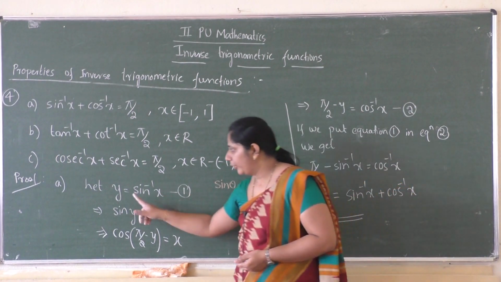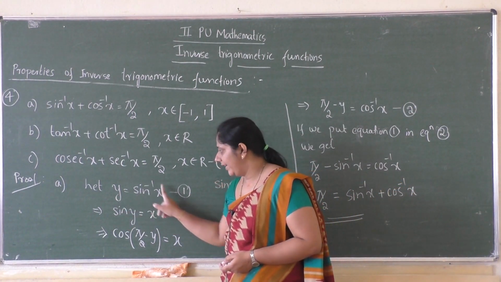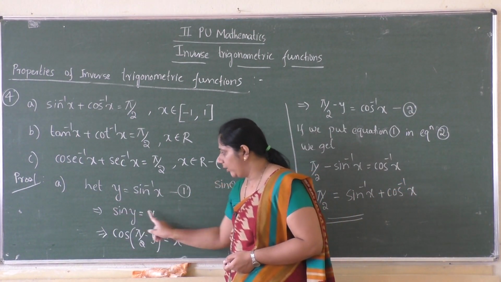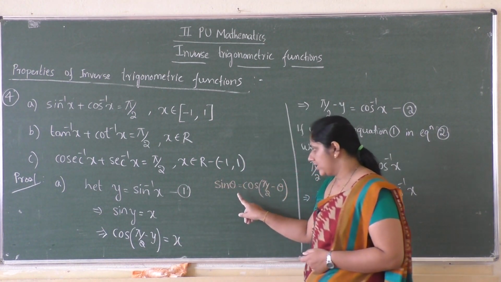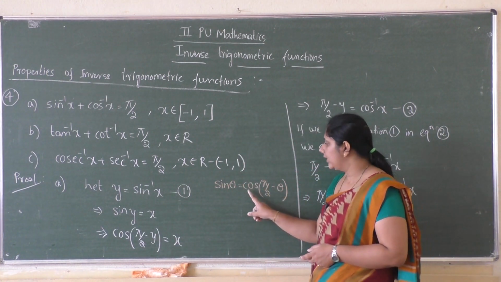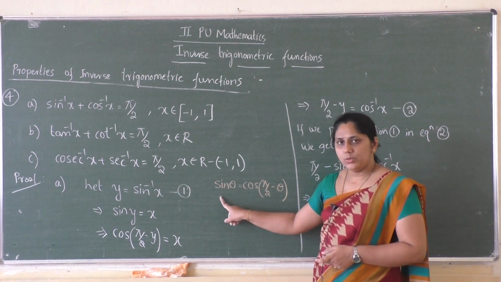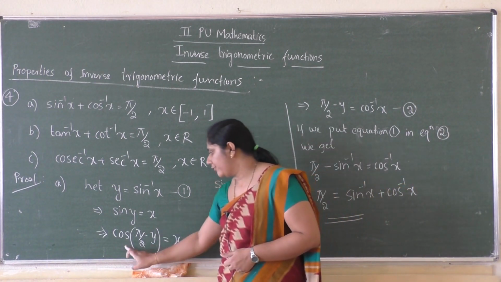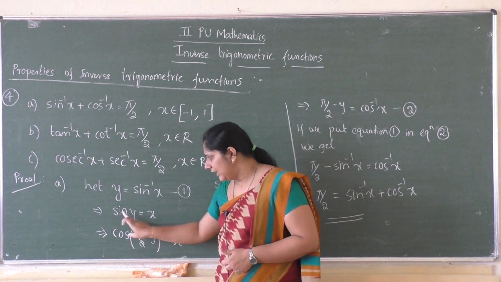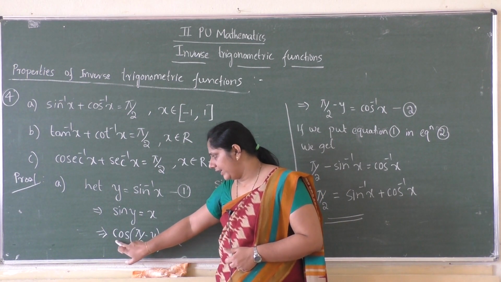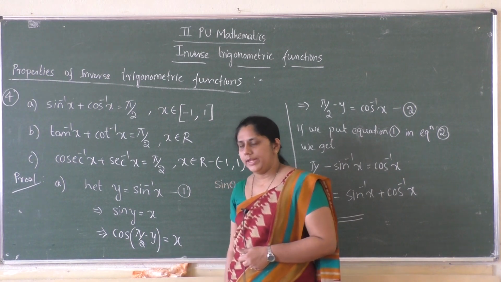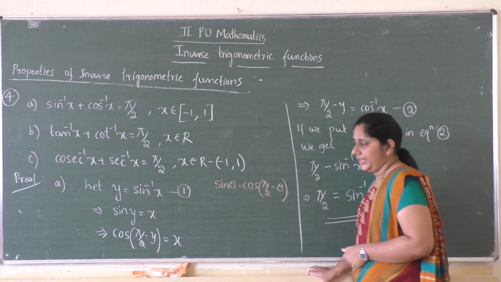Again see this, we have to take y equal to sin inverse x, then sin y will be x. From first year trigonometry we have one formula, that is cos of pi by 2 minus theta equal to sin theta. If we use this formula here, in the place of sin y we can write cos of pi by 2 minus y equal to x.